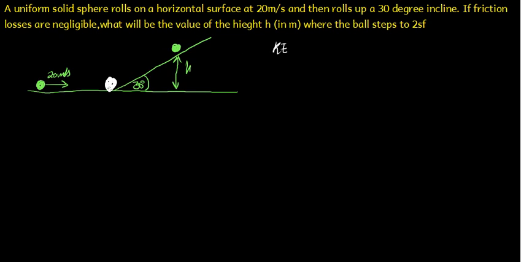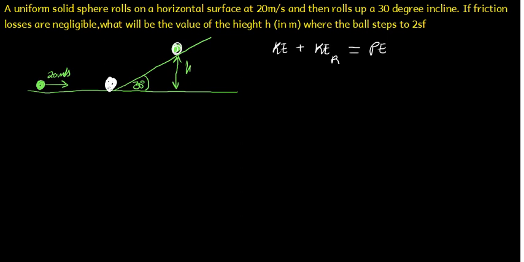Apart from that, it is also rolling, so it has rotational kinetic energy. By the time it reaches the maximum height, they are all converted to potential energy. Why? Because it will stop moving and stop rolling at this point. When it reaches this height, it will start going back.